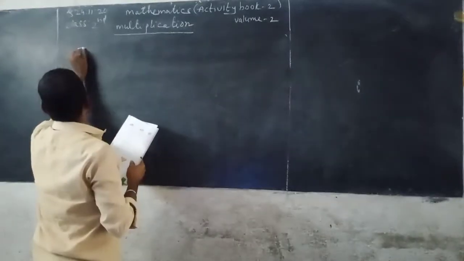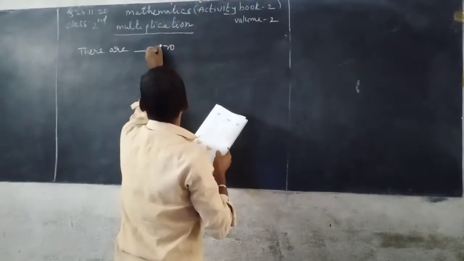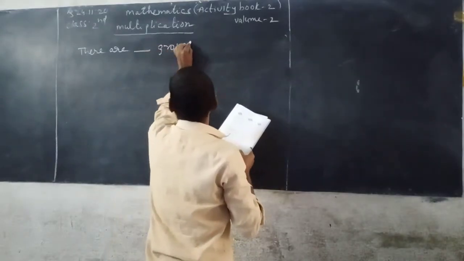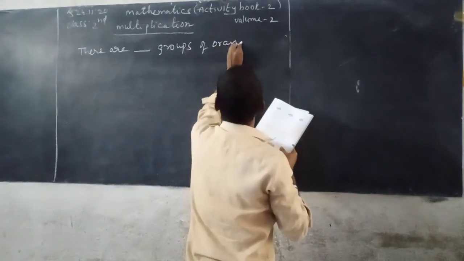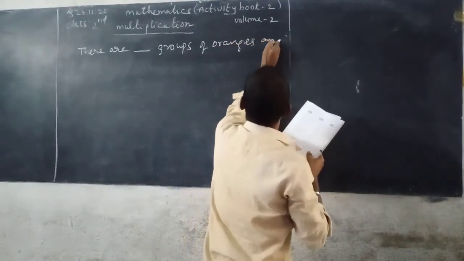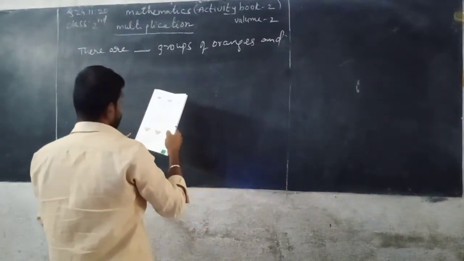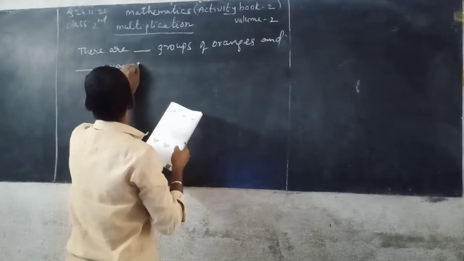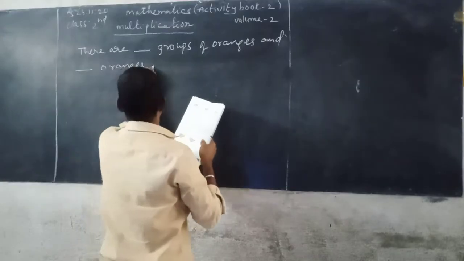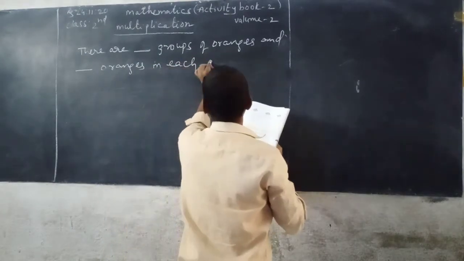There are 3 groups of oranges and 6 oranges in each group.